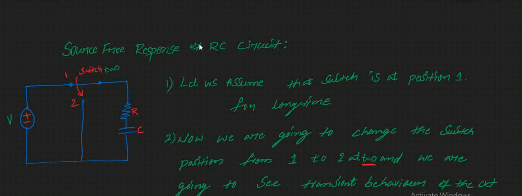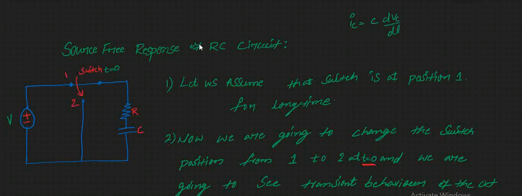For that, let us assume that the switch is at position 1 for a long time. This is position 1, this is position 2. By connecting the switch for a long time, what happens? Here IC, the current through the capacitor, is equal to C into dVc by dt.